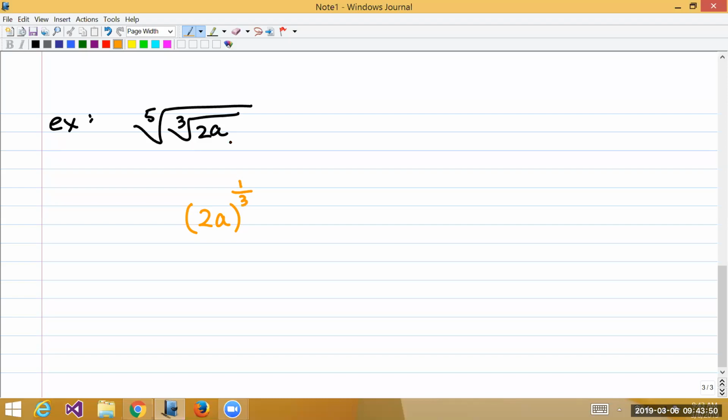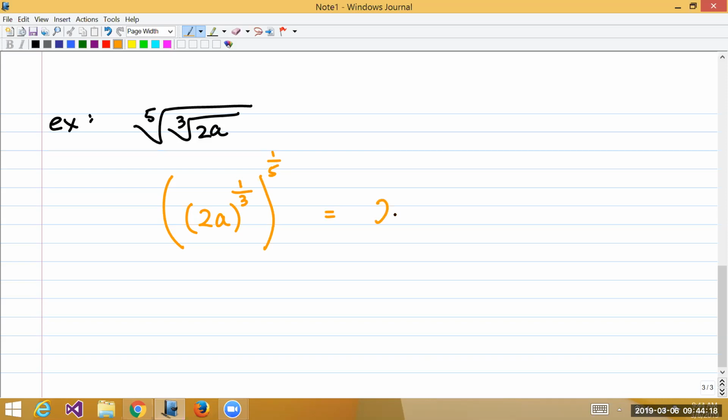Now this whole thing, we're taking the 5th root of that, which simply means if this whole thing on the inside is an expression, it has a power of 1. So that'll be to the power of 1 over 5. Well, now this is using our law of exponent of power of a power rule. If you're taking the power of another power, what do you do? You simply multiply the powers together.